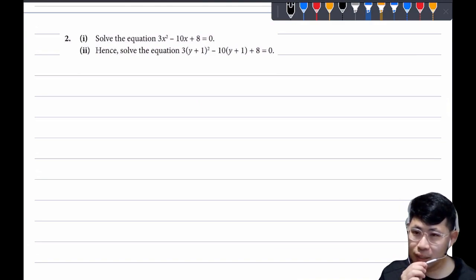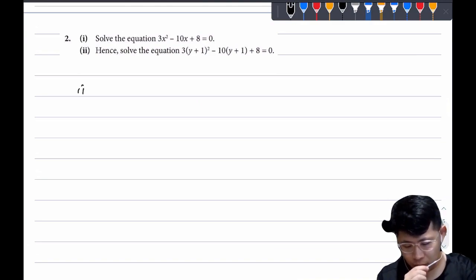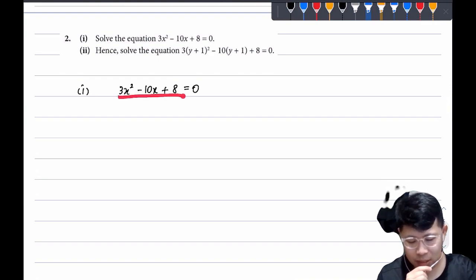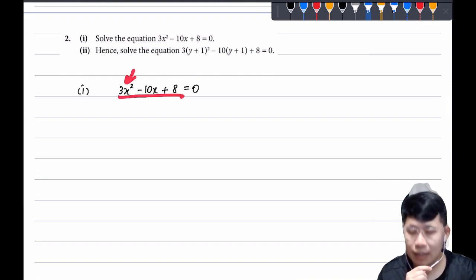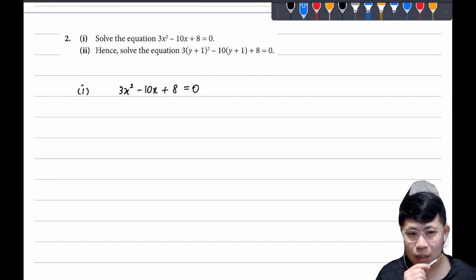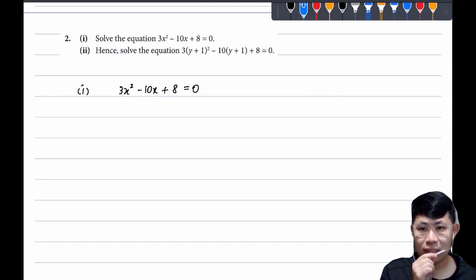For question 2, part 1, we need to solve the equation 3x squared minus 10x plus 8 equals 0. First, let's observe this is a quadratic equation. The highest power of x is 2, and on the right hand side is a 0. Very important, right hand side must be 0. In order to solve the equation, we need to factorize.